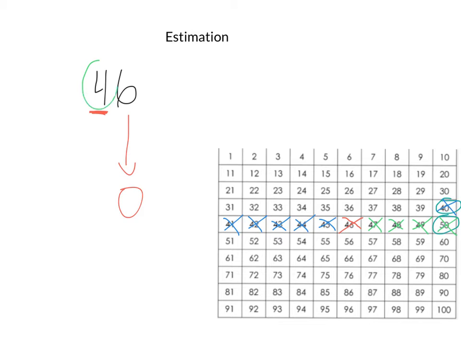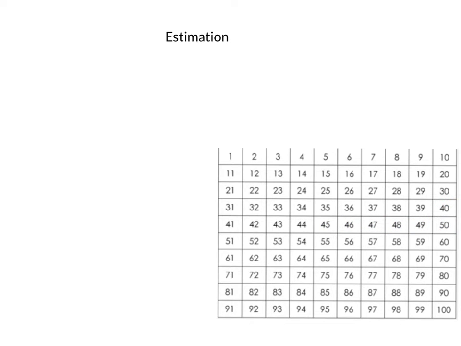So I'm going to take this and round it to 50. So rounding is saying how many steps it takes to get to the nearest answer that ends in a 0. And you want the closest, nearest answer. Estimation is different than rounding. Rounding is just one number.